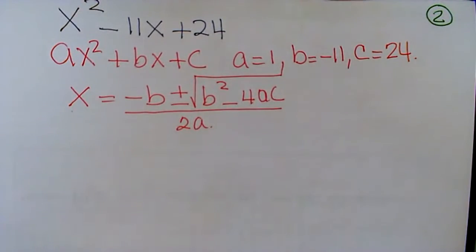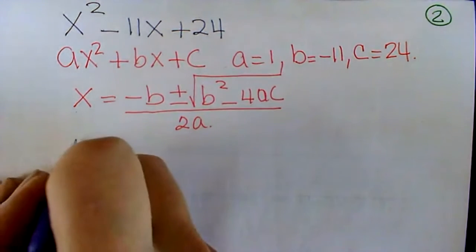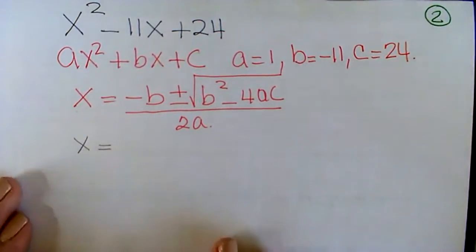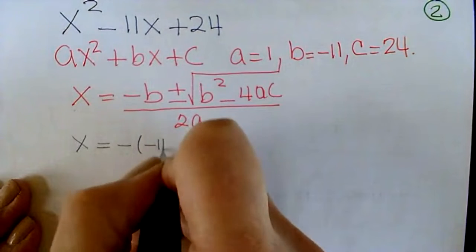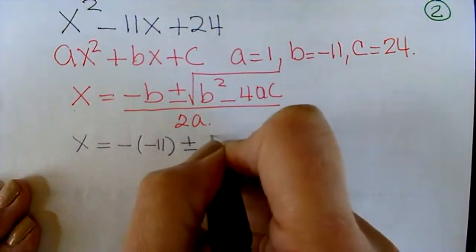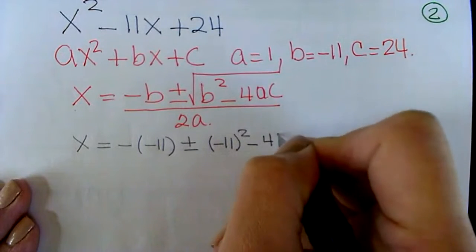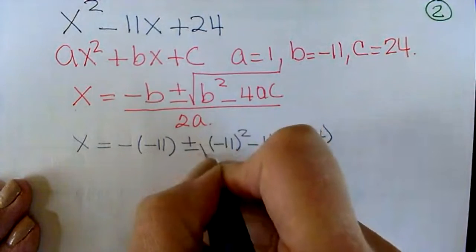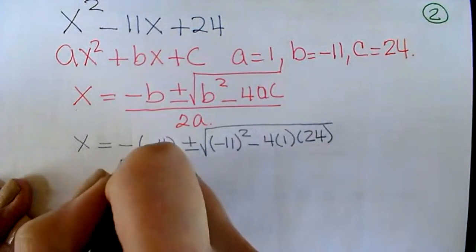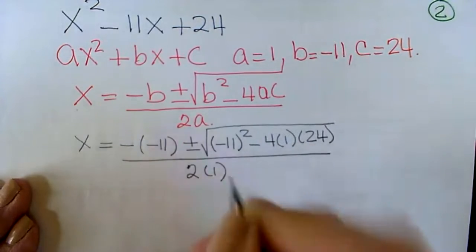There we go. So let's do it, guys. So we have -b, which is -(-11), plus or minus the square root of (-11) squared minus 4ac, divided by 2a.